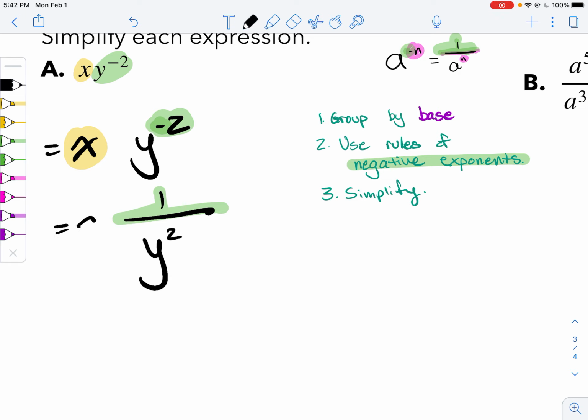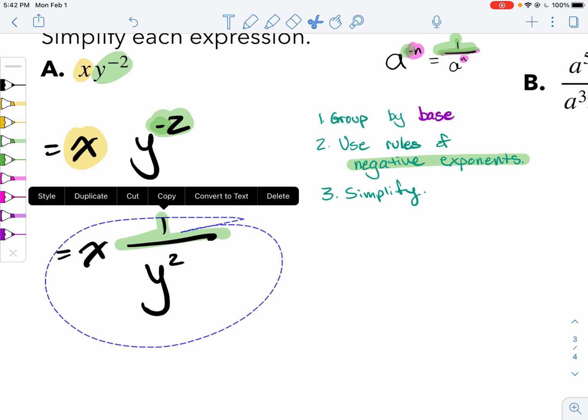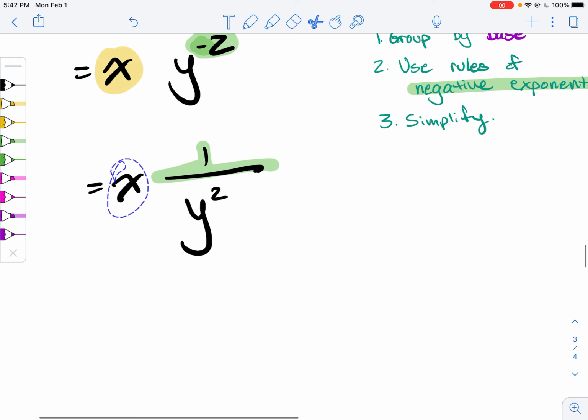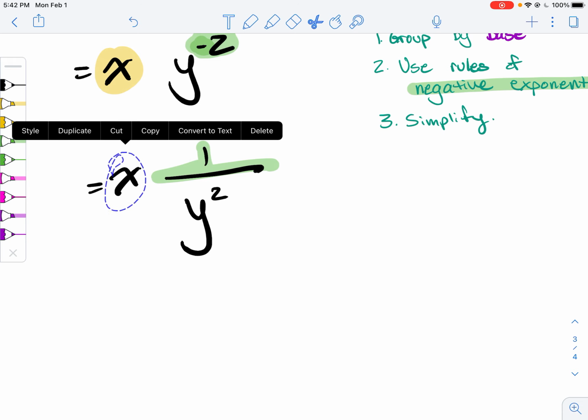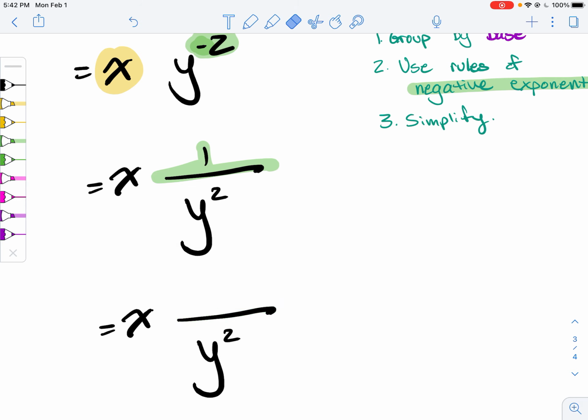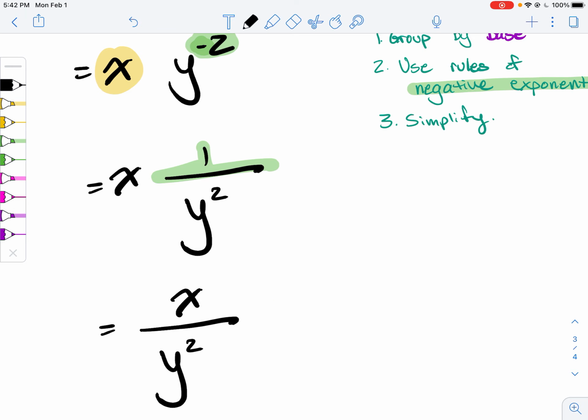So that's the same thing as x times 1 over y squared. We're going to do one more quick simplifying step. We're going to take this x and hop him up there, giving us x over y squared. Final answer, all done.